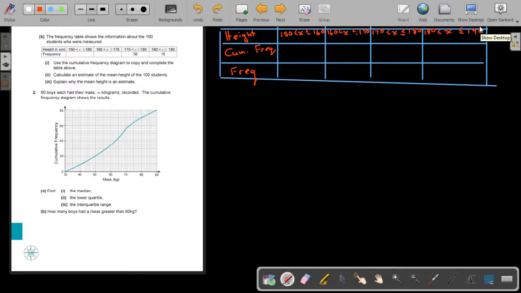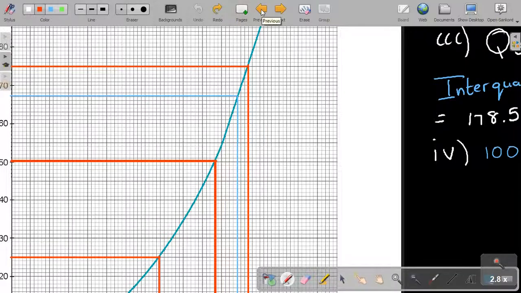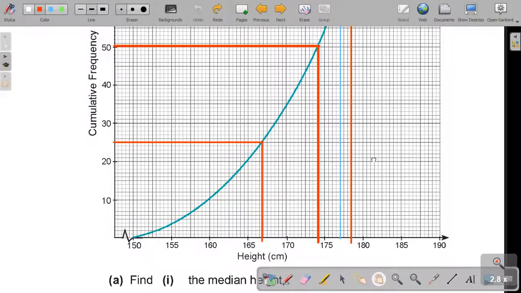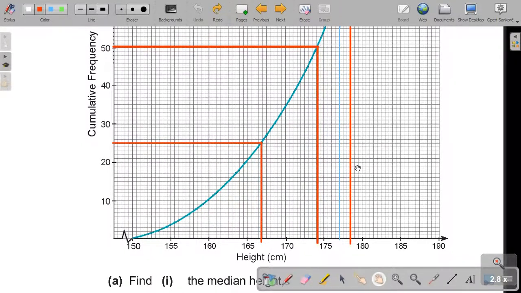Okay, so the cumulative frequency, now we have to go back to the graph. Okay, so the first one is 1. Okay, now I'm going to use my graph again. So at 160, I'm going to use green, so my colors differ a little bit. So I have to draw it up, and I have to draw it there. Can you see? And it looks like in the middle.